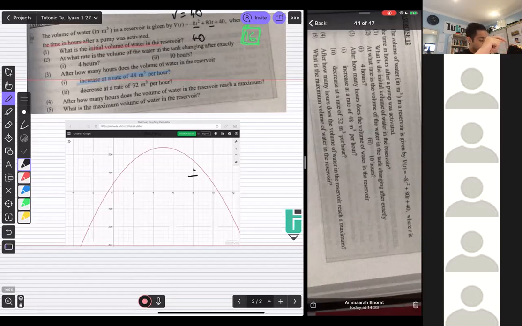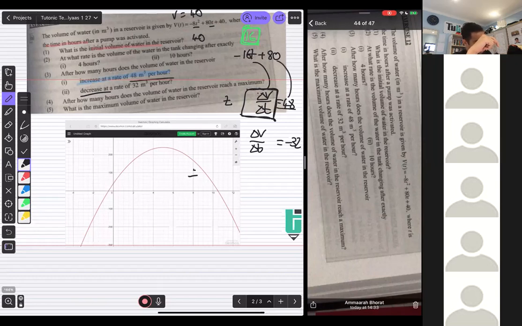Because now you want to work out time, but your change in volume with respect to time is 48. Your change in volume with respect to time is minus 32, because they're saying decrease. But Elias, didn't you tell me that the derivative is minus 16t plus 80? But I'm saying that that's equal to 48.